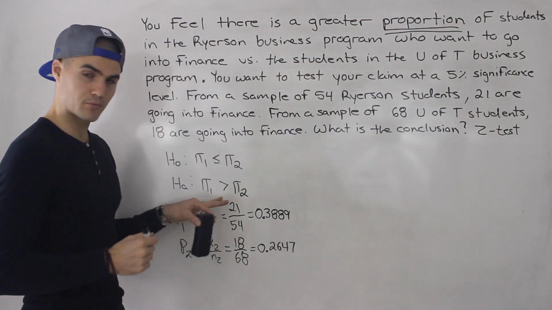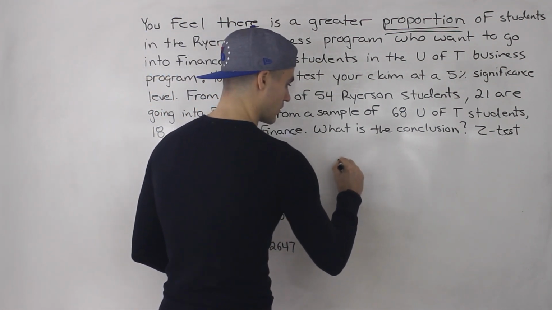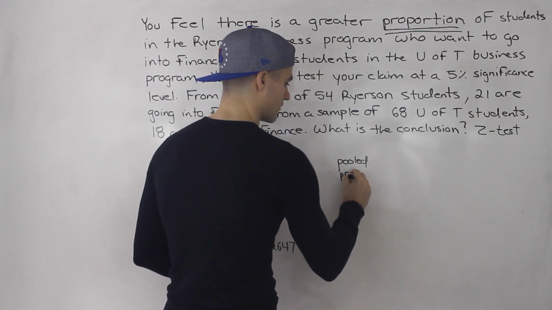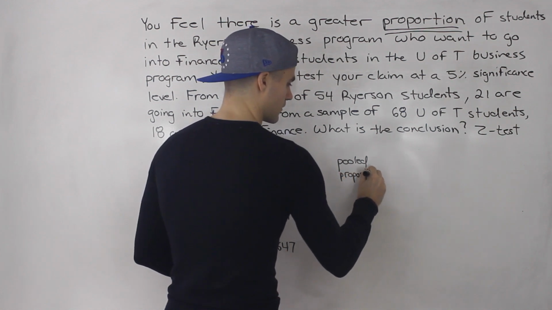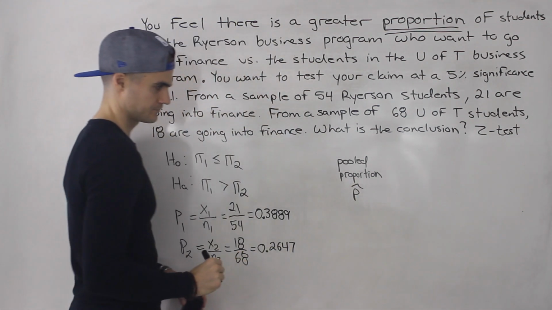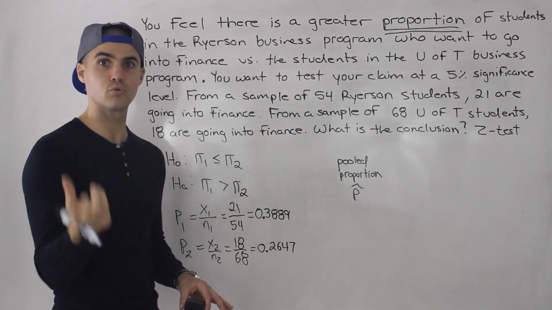Now, with two sample proportions, we actually have to calculate something called a pooled proportion. Right, I'm going to maybe symbolize it as P hat. Right, so very similar to pooled variance.